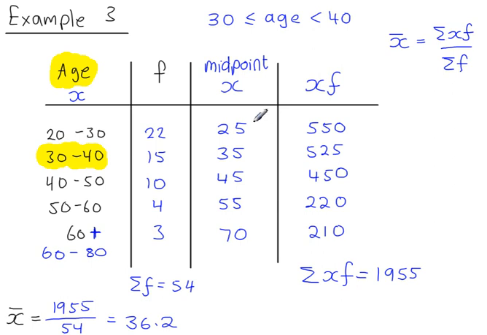Okay, so if you work out all of the x times f values and add them together, you get 1955. The sum of the frequencies is 54, so there are 54 data values in this table, and dividing those two gives you a mean age of 36.2 years.